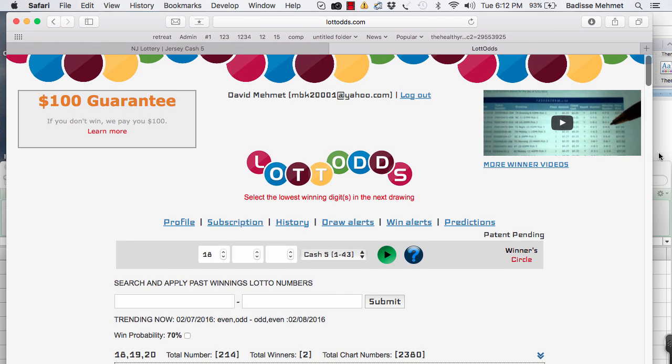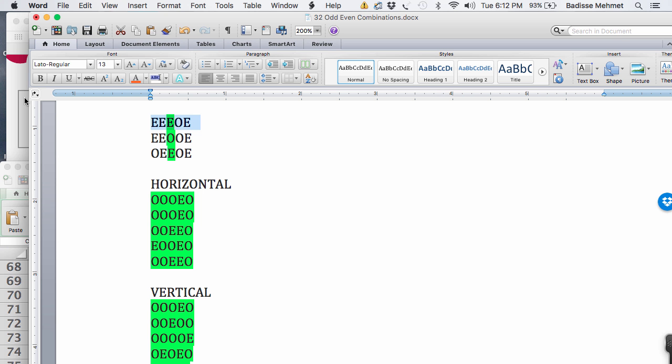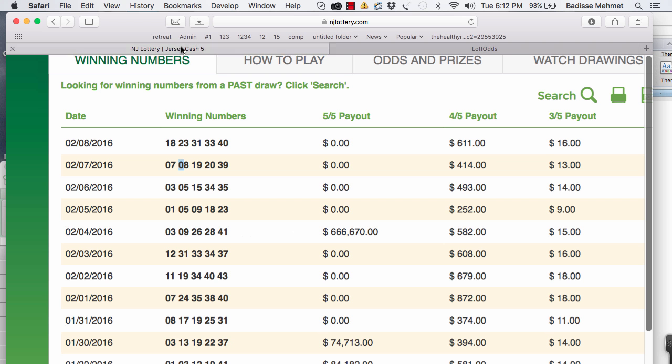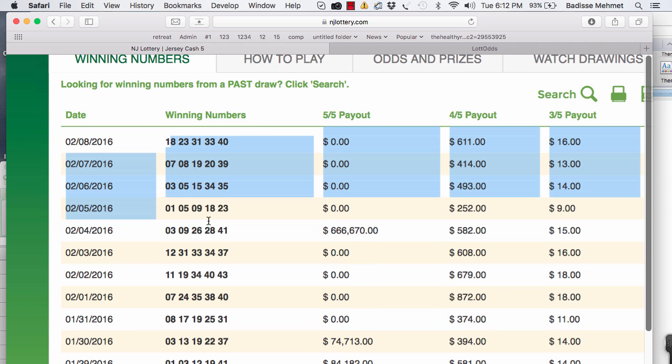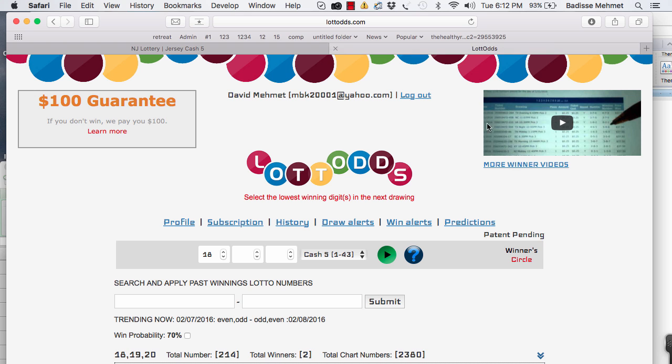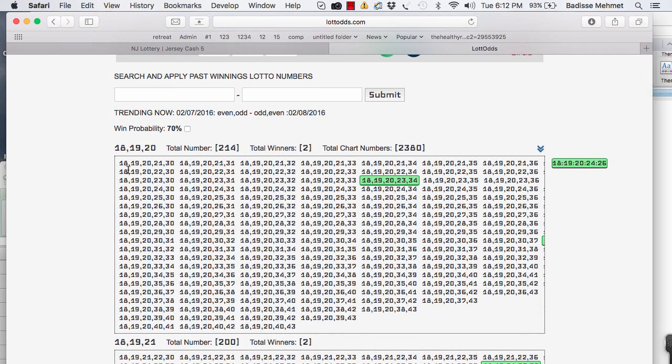We're going to automate this, meaning that the Lotto Odds is going to look at the past winning numbers of each lottery state, and it's going to see the patterns, identify the patterns, and it's going to go on charts like this, like Cash 5 charts. It's going to look at the numbers, and you're going to see boxes on the right side here.